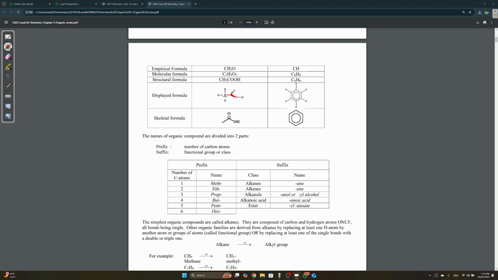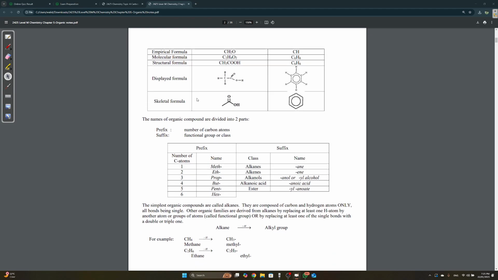Since the rest of the things present are all bonded to carbon, you remove them all. So it just looks like this, OH. That's it. Anyways, forget skeletal formula, it's not that deep.